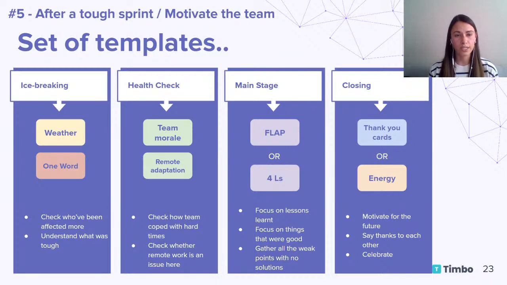Health check techniques would be great here, and it's up to you to choose which one is best. I've added remote adaptation here because some of the problems wouldn't be that big if a person was in better conditions in the office, for example. So yeah, it's worth checking what was wrong.